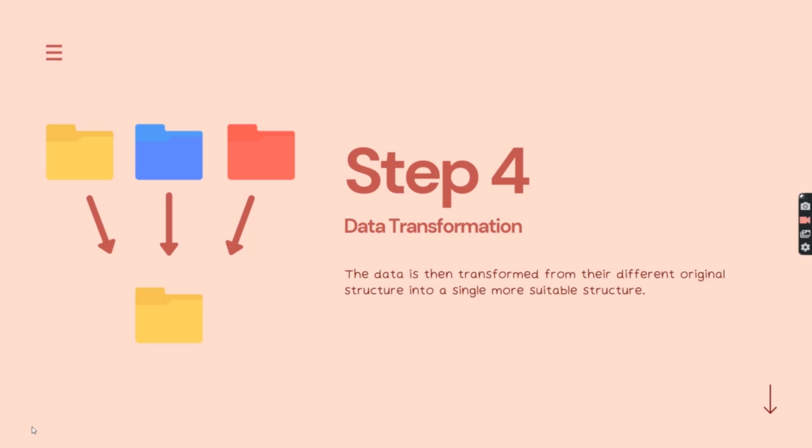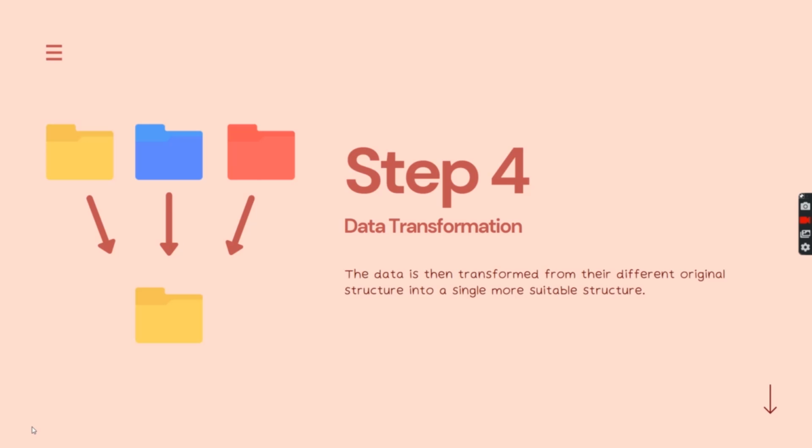Some are in document, some are in text, while others are in WordPad, which makes it confusing. Data transformation is simply converting all of them into a PDF file to make it more organized and understandable.